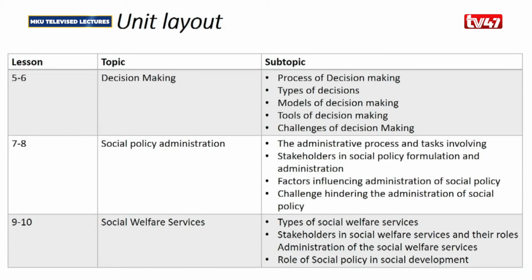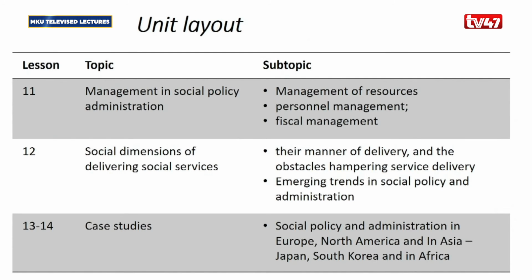Like we said, social policy in its nature seeks to advance the welfare of the individuals within a society. And then in session 9 and session 10, we'll give more emphasis towards looking at welfare and social services, so social welfare services provision, because this in itself is the element of the implementation of the social policy as designed.